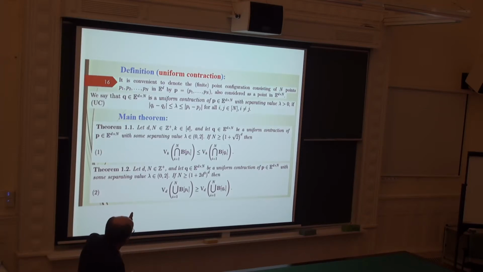If there is such a lambda, we say that Q is a uniform contraction of P with separating value lambda.